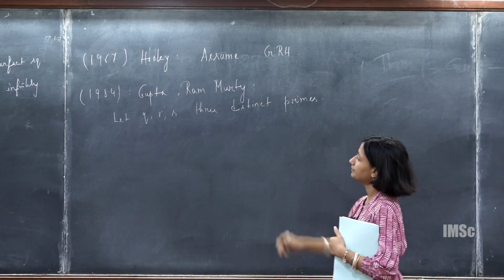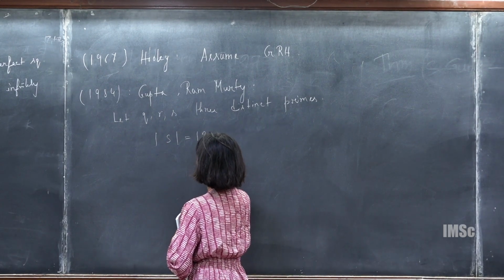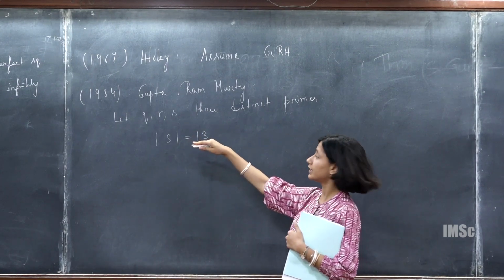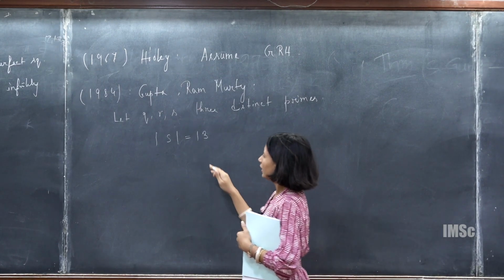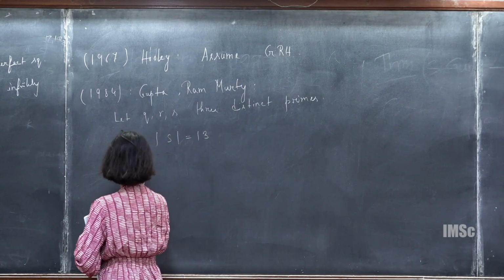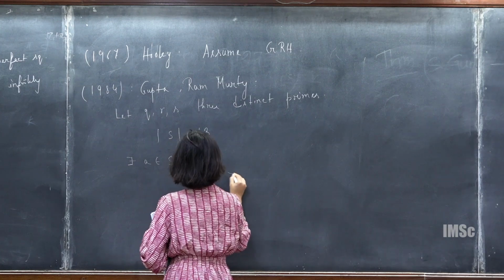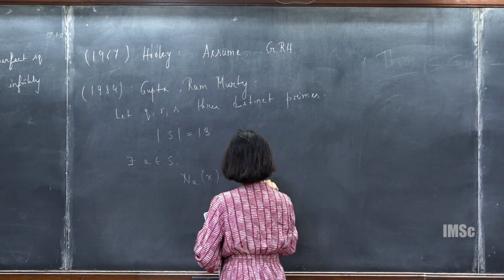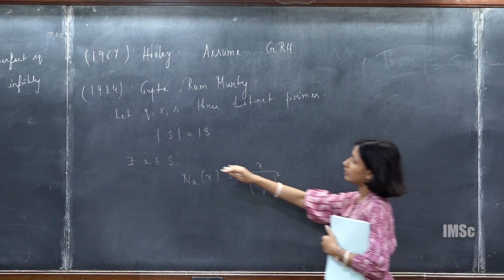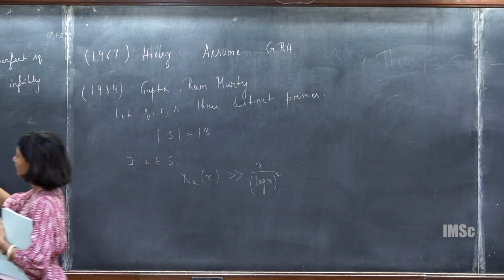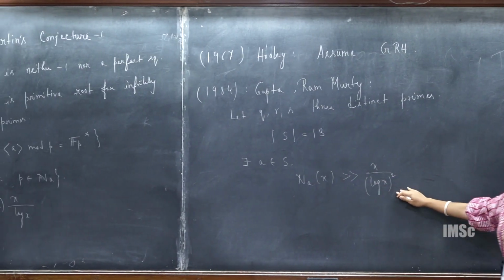From these three primes, they could isolate a set S of cardinality 13 from the monoid generated by Q, R, S. I am not giving the explicit expression of the S here. Such that at least one element from this set S is a primitive root for x by log x squared primes. So in particular, the group generated by Q, R, S mod P is a P star for x by log squared x primes, so infinitely many primes.